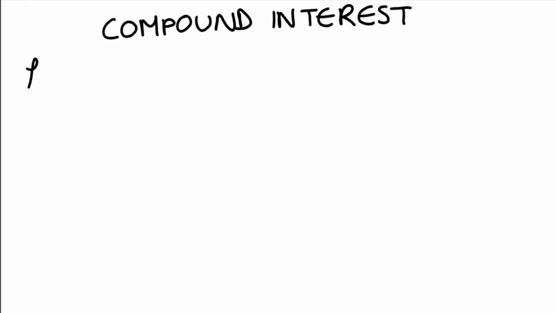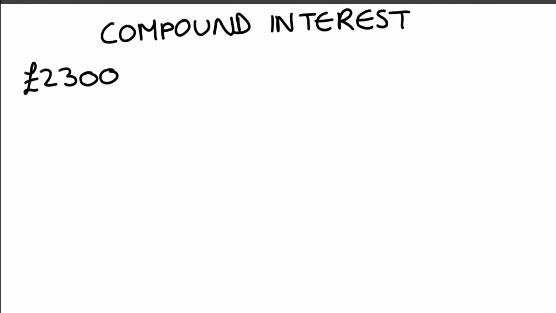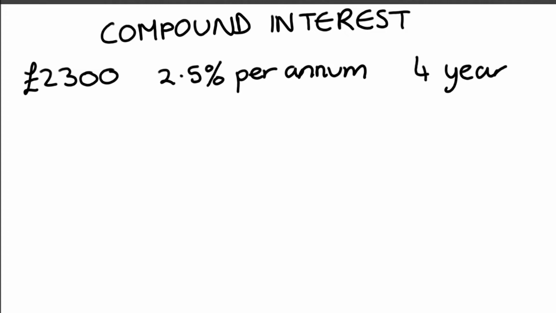If I've got £2,300 in my bank account and I get a 2.5% interest rate per annum, and I want to know how much I'll have in my bank account after 4 years, what would I do? Okay, first thing is we need to get a multiplier.